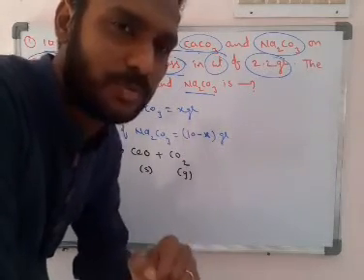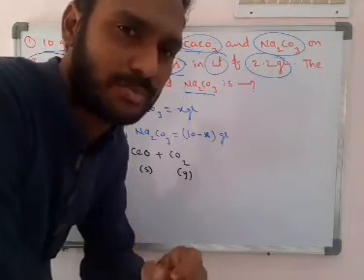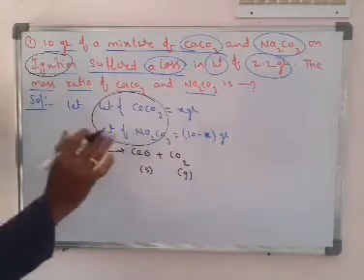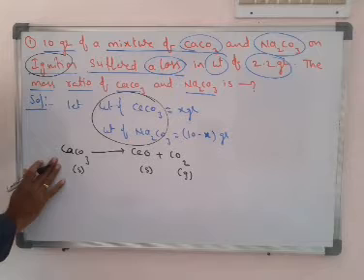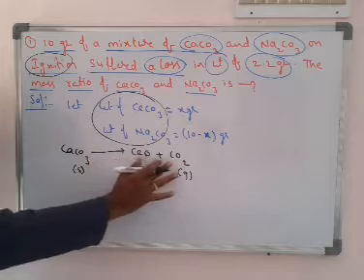So we are doing the whole problem only for the decomposition of calcium carbonate. Even though both are heated, only CaCO3 undergoes the reaction. On decomposition of CaCO3 we get lime and CO2.